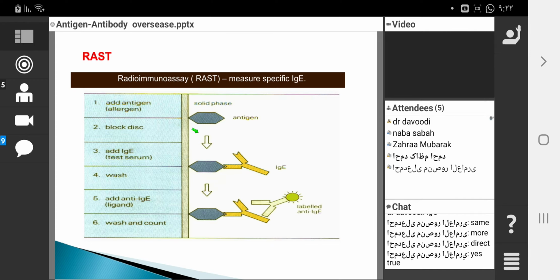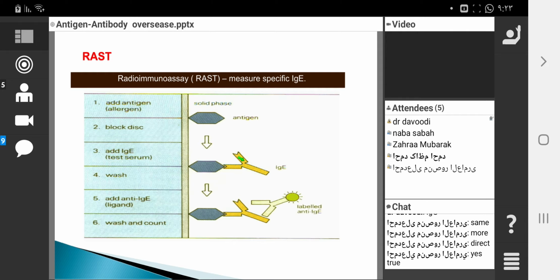Here you can understand the RAST mechanism by a schematic picture. This is the allergen, or antigen, and then we add the patient sample, serum from the patient.